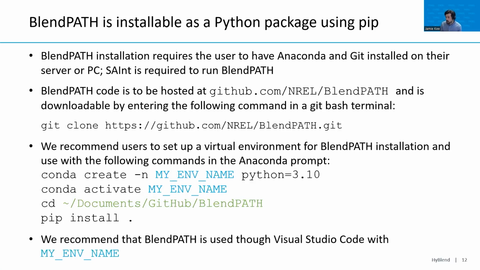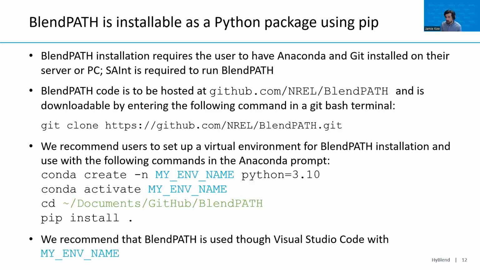We also recommend users set up a virtual environment for BlendPATH, and this can be done through Anaconda. The four commands shown below would help set up such an environment, where first you're creating the environment, setting the highlighted text, the blue text, to the name of your choosing, then activating the Conda environment. Next is changing directory to where the files are hosted.